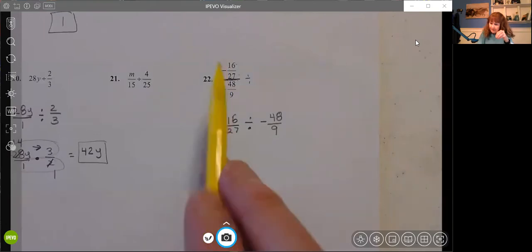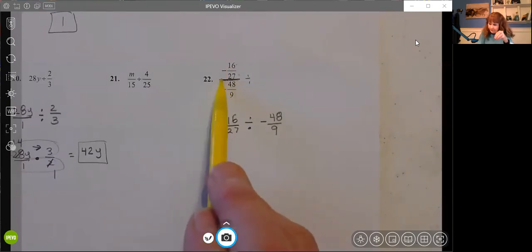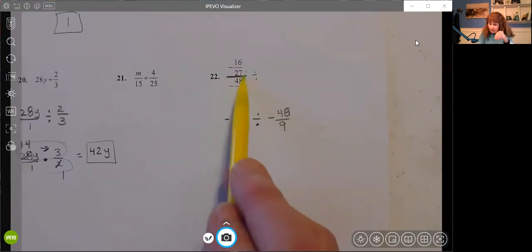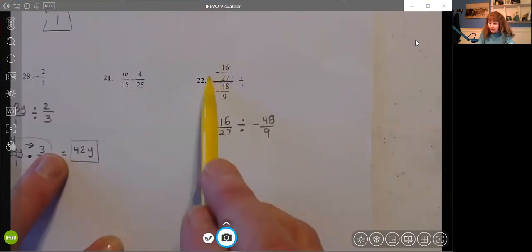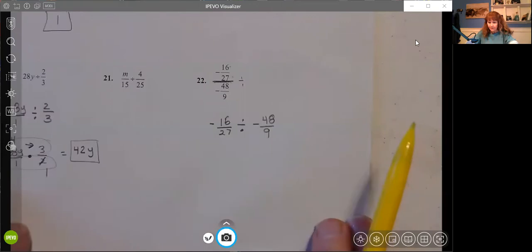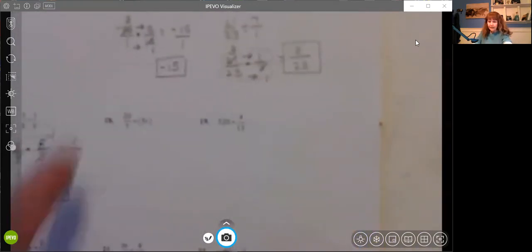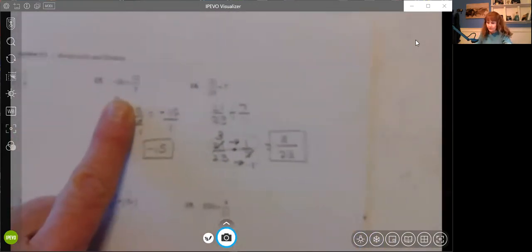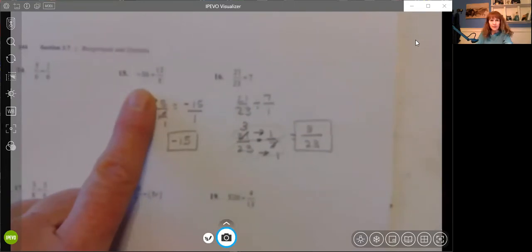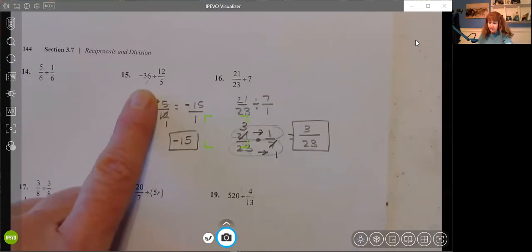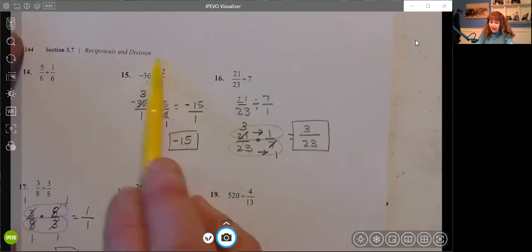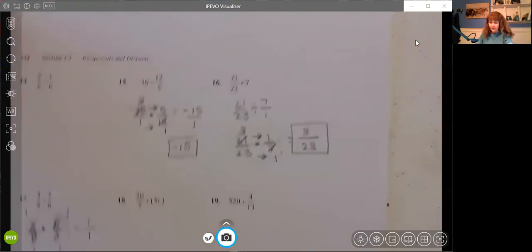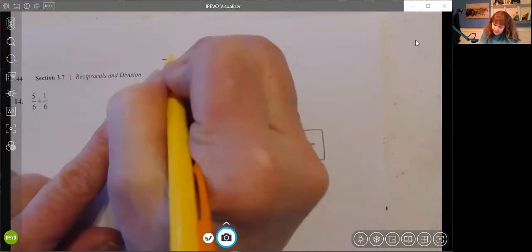Take this bar here. You write this first, whatever it is, and this could even be just an integer. If it was an integer here, you would write, so this could actually be a complex fraction. Let me write this as a complex fraction.